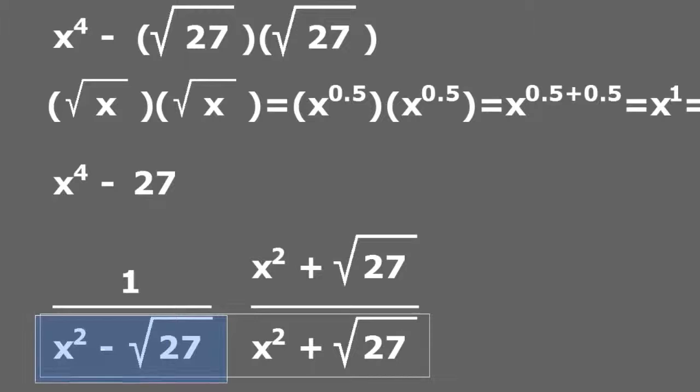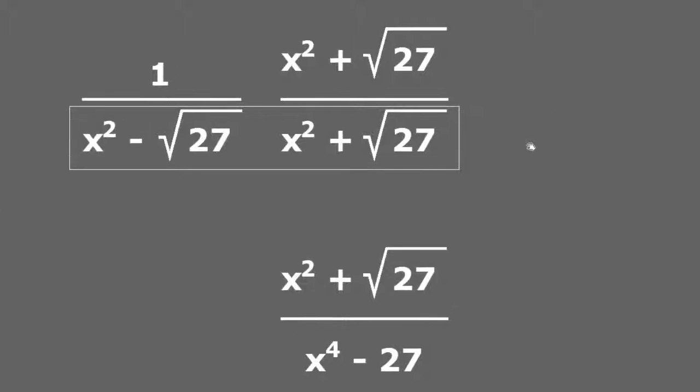Multiplication of this expression times this expression equals x to the fourth power minus 27. So that is what we have now here in the denominator. All of this became x to the fourth power minus 27, and all of this multiplied by 1 is just the same thing, x squared plus the square root of 27.